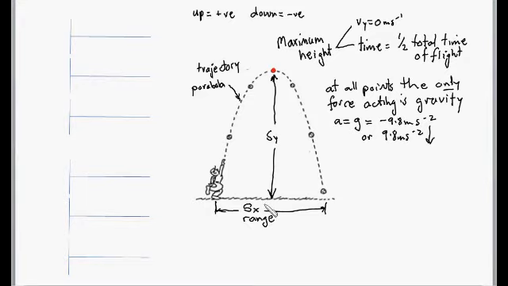Now the next little bit of the clip is talking about the two different components that are evident in projectile motion questions. The first one is the vertical component, which has the symbol y, the y direction, or just vertical.